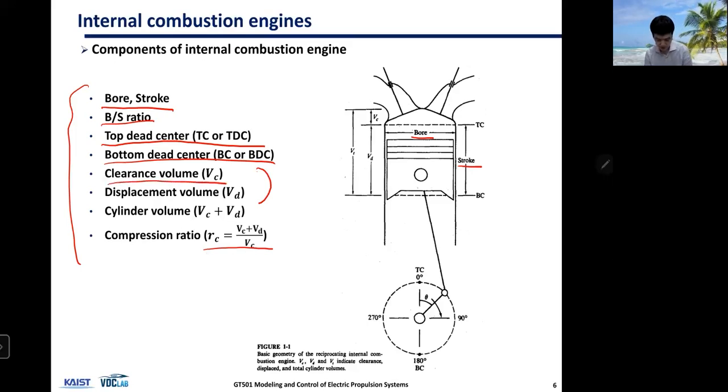So the cylinder volume is the addition of the clearance volume and displacement volume, where displacement volume is the amount of volume you lose when you compress, and this is the compression or clearance volume.